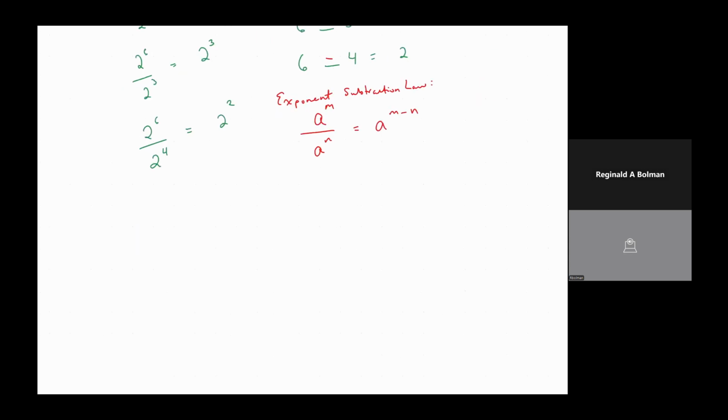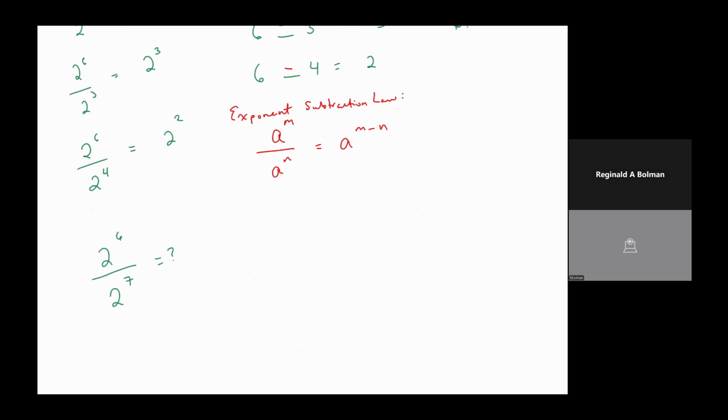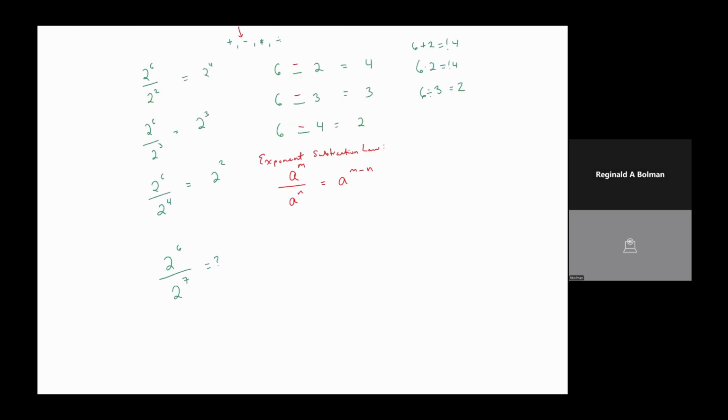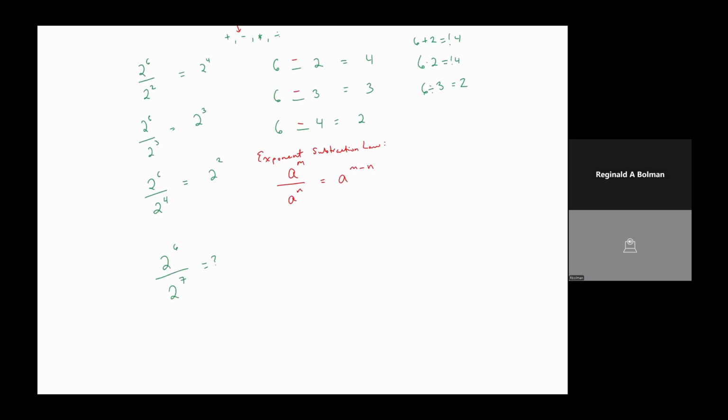What happens if I take 2 to the 6th and I divide it by 2 to the 7th? Well, according to the exponent subtraction law, which we agreed to earlier, what we said was the only way that we can relate these exponents to what is actually happening when we perform fraction simplification is that really the exponents are subtracting one from the other.